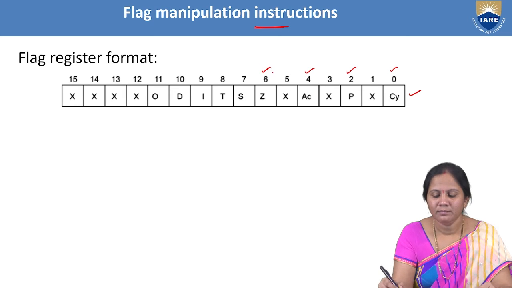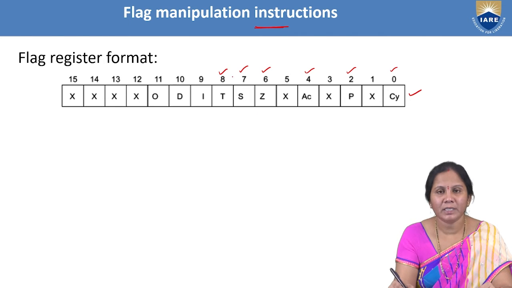The 6th bit represents Z, the zero flag, and the 7th bit represents S, the sign flag. The 8th bit is T, the trap flag, and the 9th bit is I, the interrupt flag.